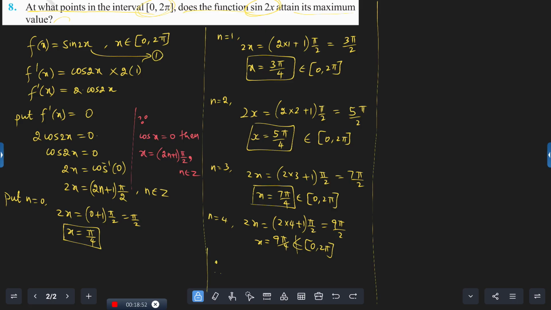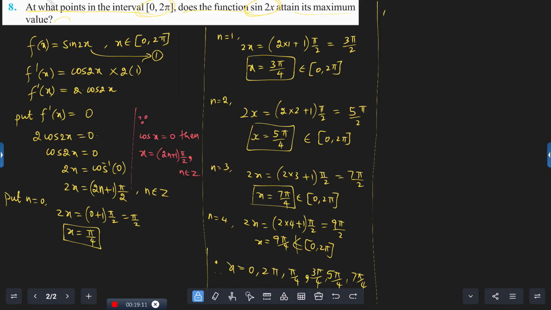So the x values are first 0, 2 pi, and what we got: pi by 4, 3 pi by 4, 5 pi by 4, and 7 pi by 4. All these values you have to substitute in the function number 1.